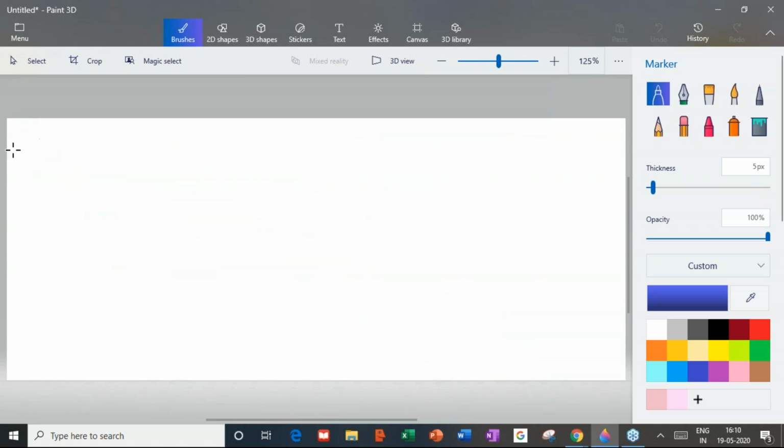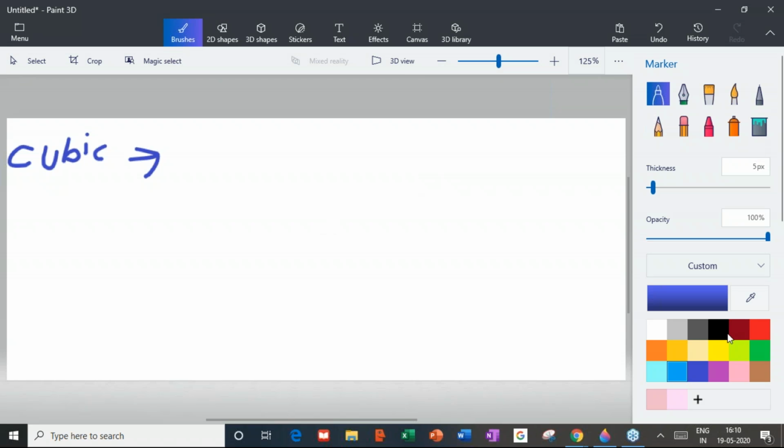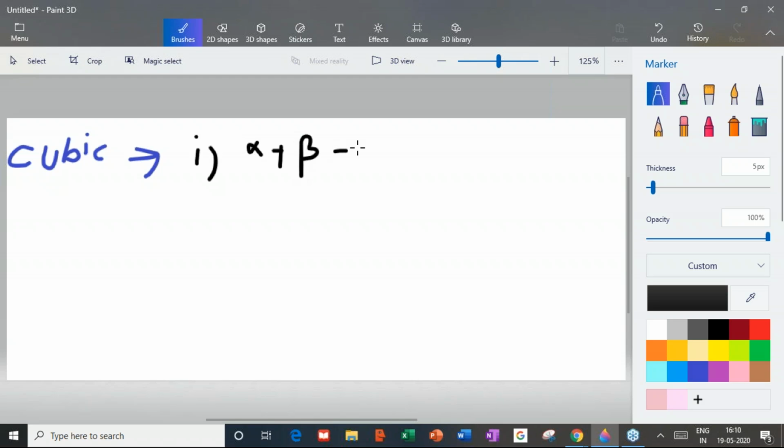Maybe you might not have written this down, so I'll just show it to you. For cubic polynomials, there are three properties. So if you guys want, just note this down. One is alpha plus beta plus gamma is equal to minus b by a. This is the sum of the zeros.